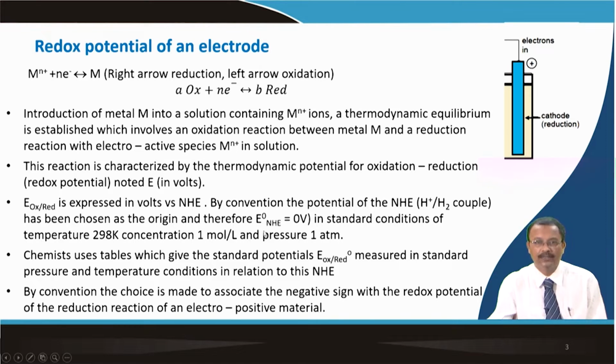So, you know that in my first week lecture, we introduced the concept of the redox, and here you can see a typical reaction. Basically, if you follow the forward arrow, then it is reduction, and if you follow the backward arrow, then it is oxidation of a metal.